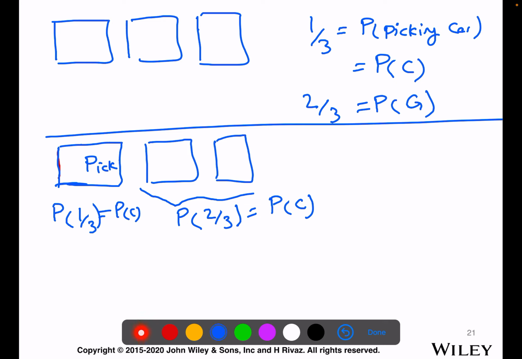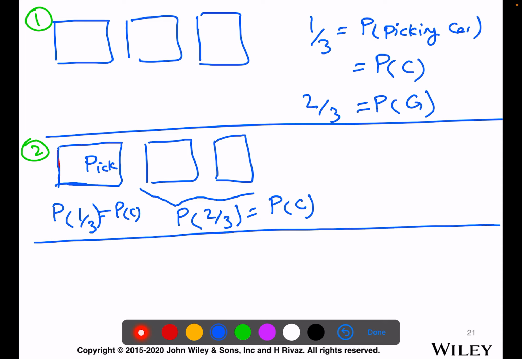So in the next stage, this was stage 1, at the beginning, when nothing was known. This is stage 2, when you pick one of the doors. And now in stage 3, the host reveals one of the 2 other doors that is a goat. So you still pick door number 1.